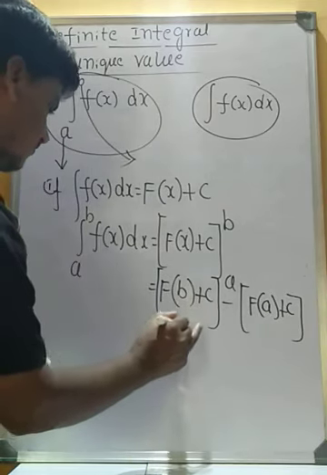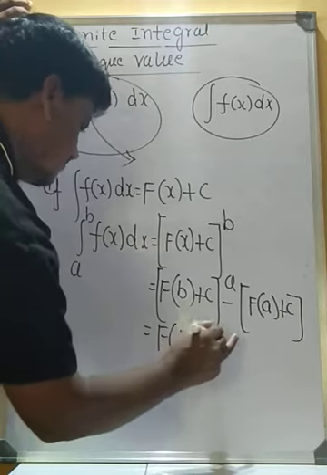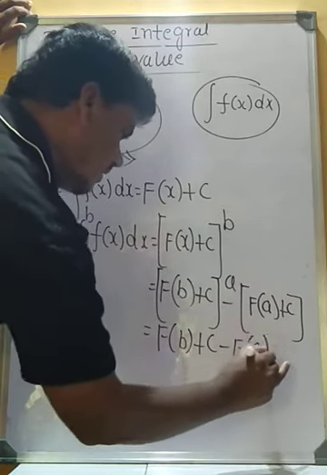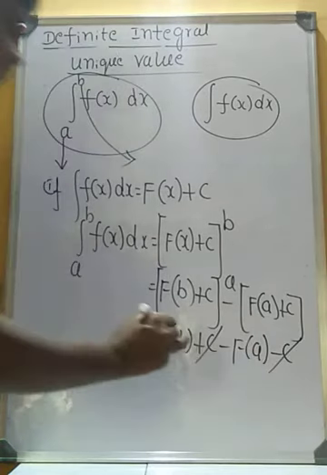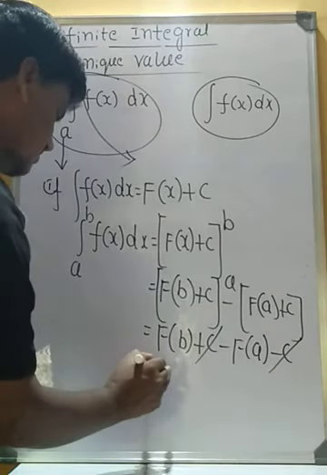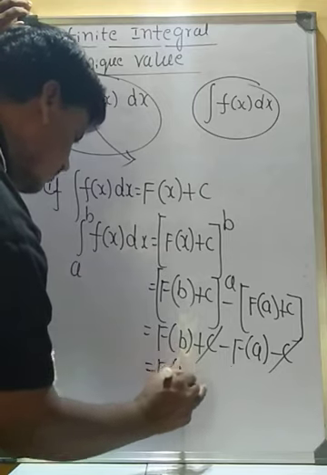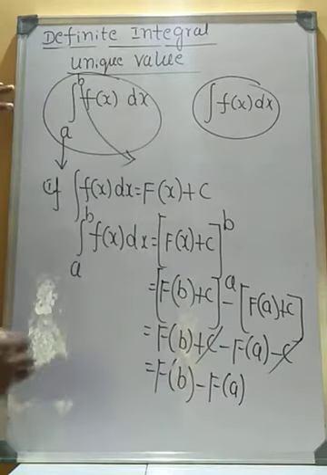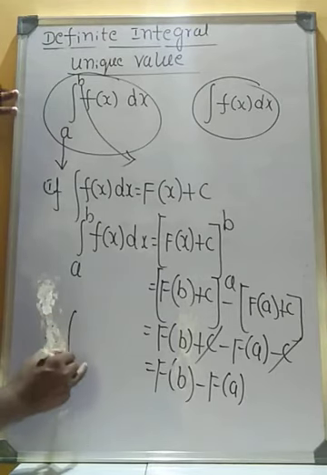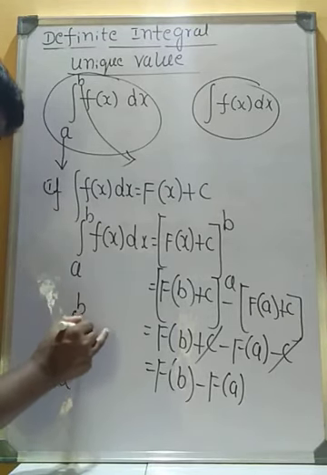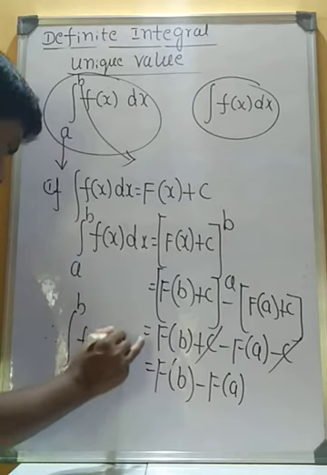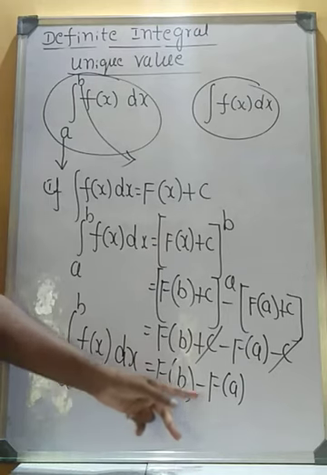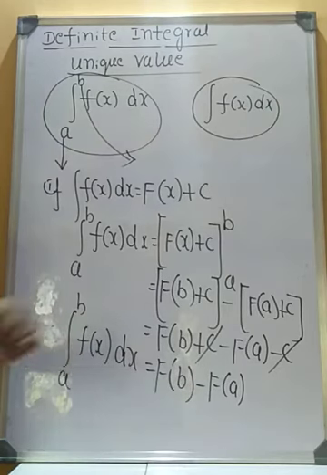This equals F of b plus c minus F of a minus c. The plus c and minus c cancel, so we get F of b minus F of a. Therefore, the integral from a to b of f of x dx is equal to F of b minus F of a.